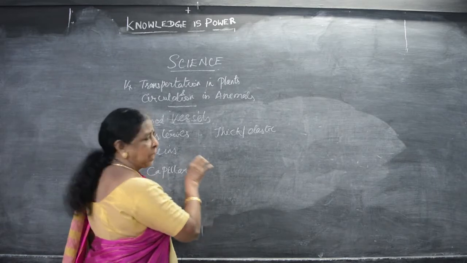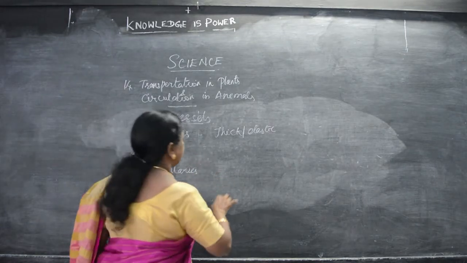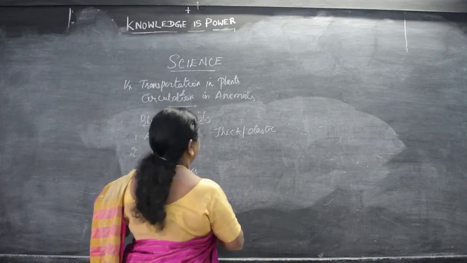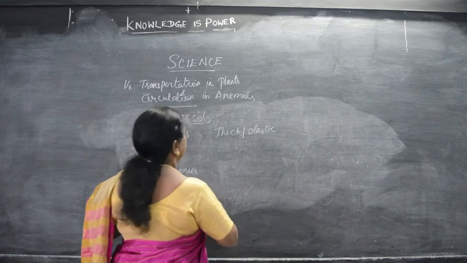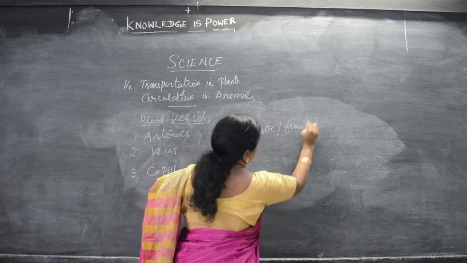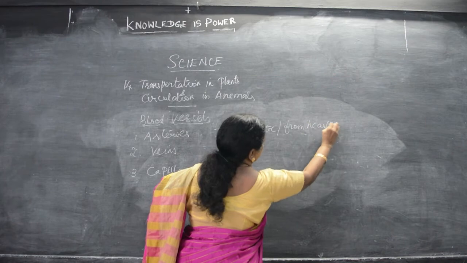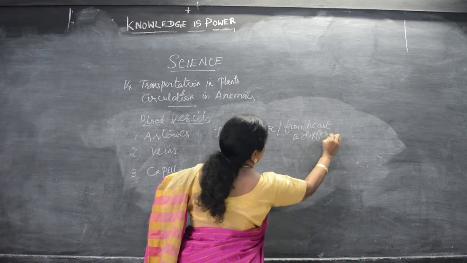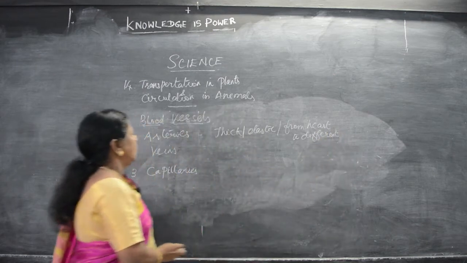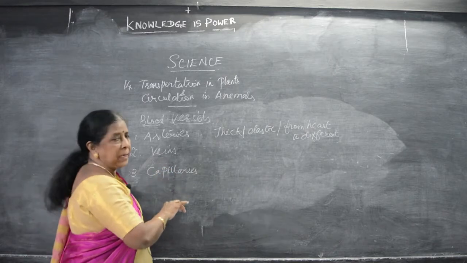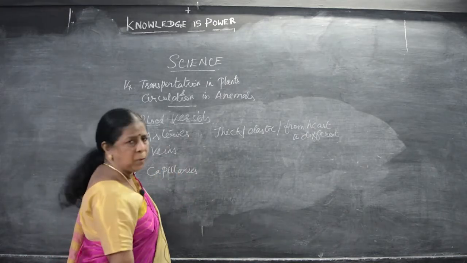So, arteries have thick walls, elastic in nature, and they carry the blood from the heart to different parts of the body. Clear?